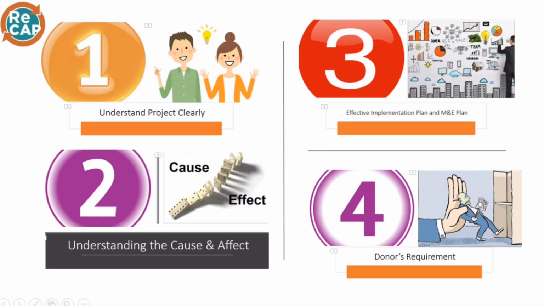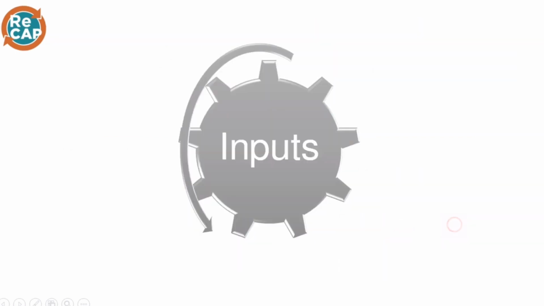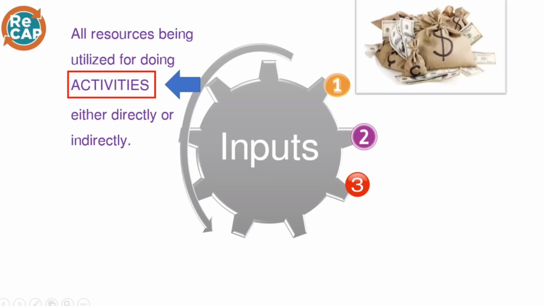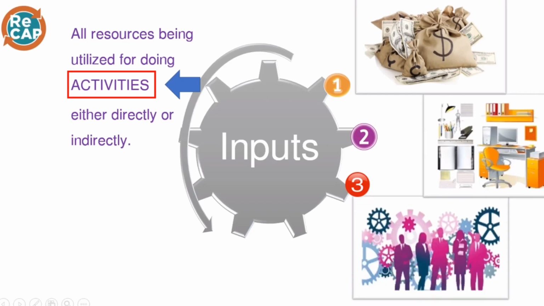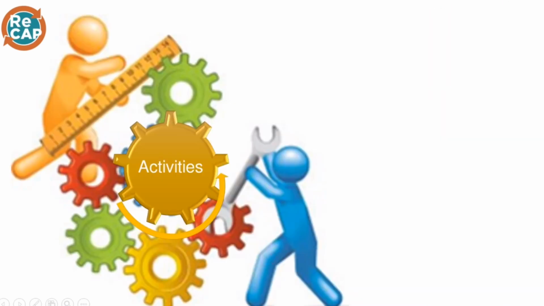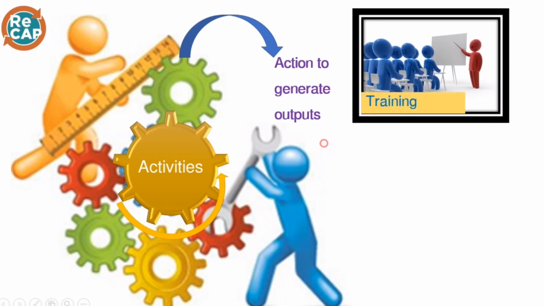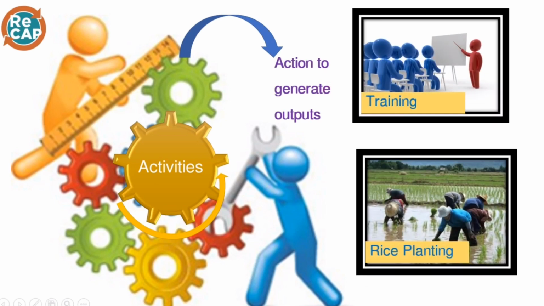Next is about inputs. Inputs are all the resources that we use to do activities, including budget, material, and human resources. Then an activity is the action that generates outputs, such as conducting a training, planting rice, having a meeting, and so on.